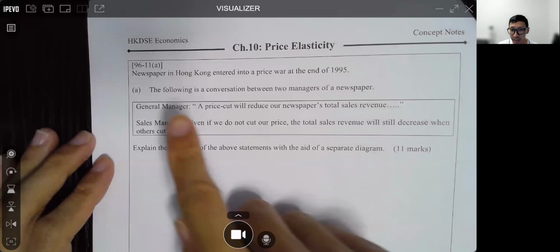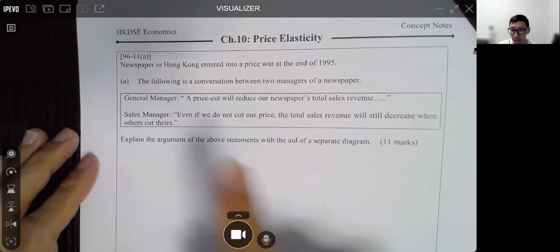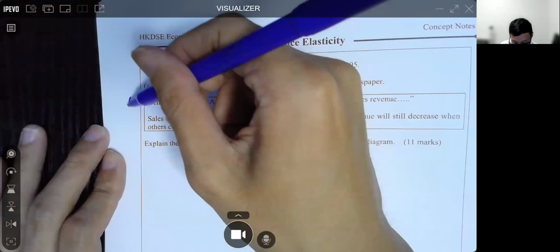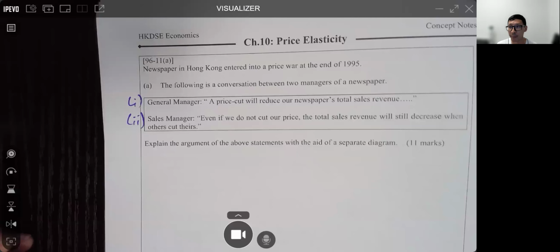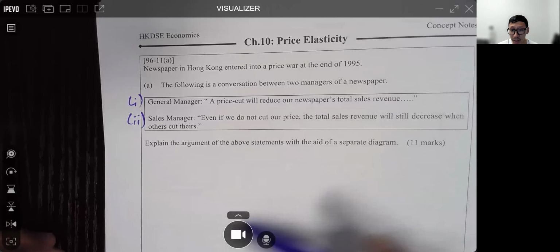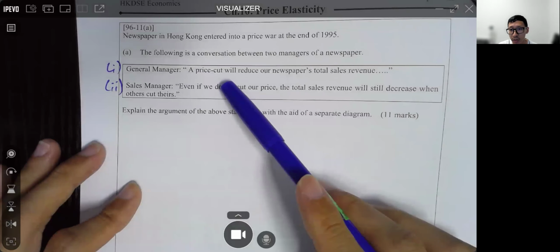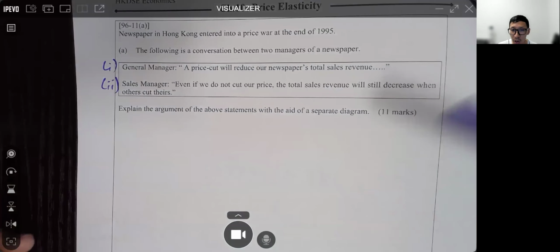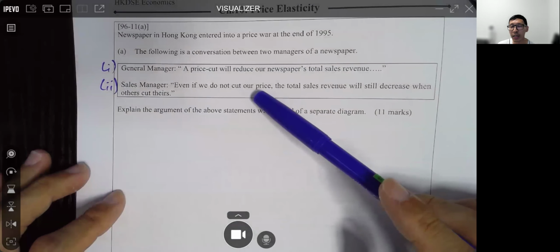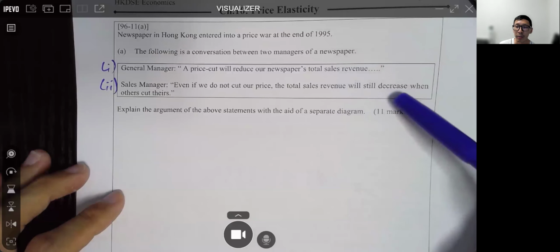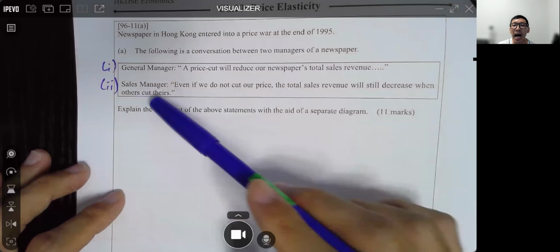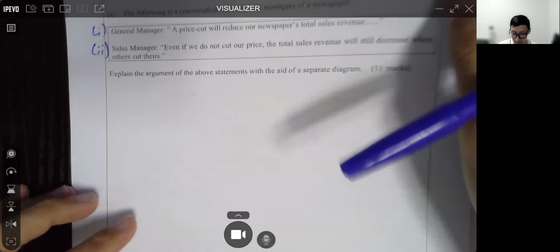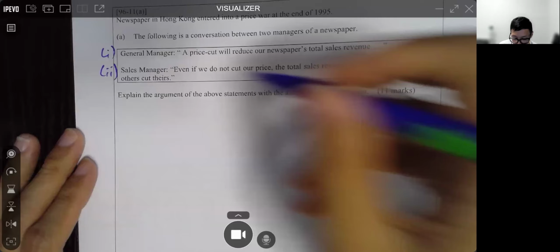OK， 好啦，我哋望望啦。Newspaper enter into price war。好啦，嗱呢條啦，上堂講過啦。Most likely we will break down into A1 and A2， 係咪？而家呢個年代應該唔會兩條一齊出㗎啦，係咪？We break down into A1 and A2。OK，佢話啦，General Manager says that price cut will reduce our newspaper total sales revenue, while sales manager says even if we do not cut our price, the total sales revenue will still decrease when others cut. 好啦 we need to explain them with separate diagrams.